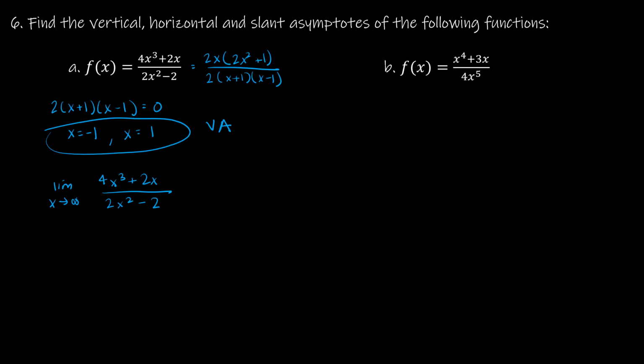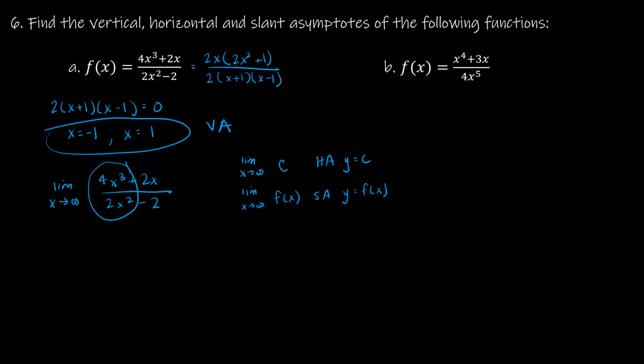So if the limit as x approaches infinity gives you some number, some constant, that's going to be a horizontal asymptote of y equals c. And if the limit as x approaches infinity gives you some function, then it's going to be a slant asymptote at that function.